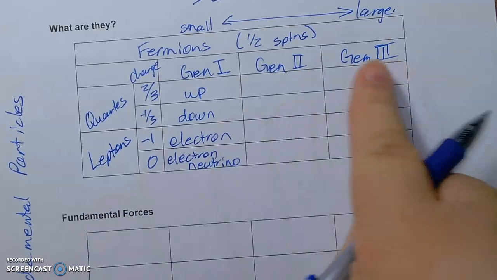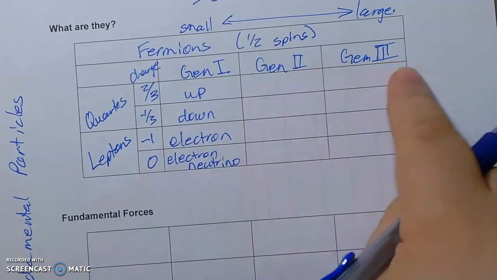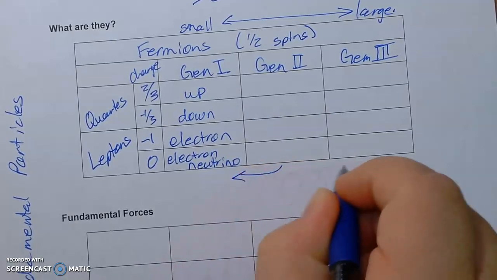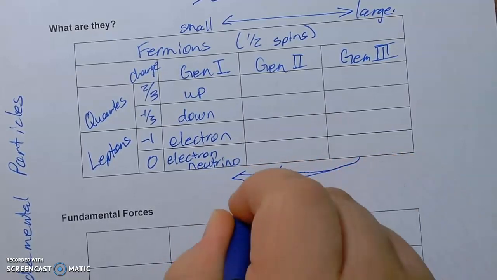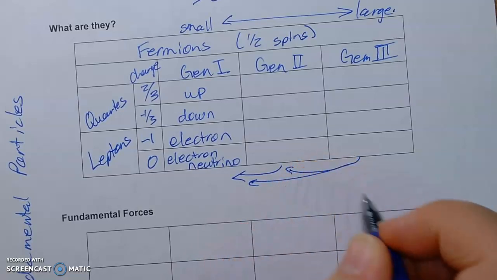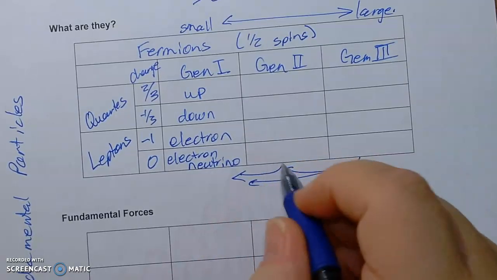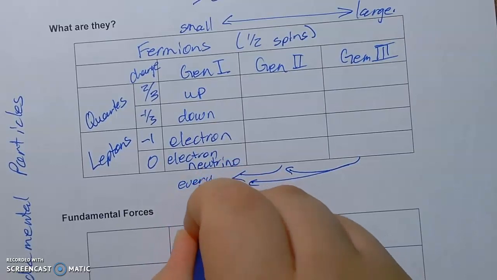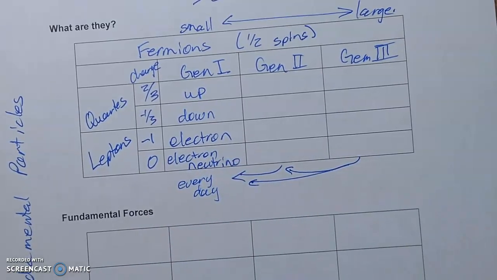Now the thing with generation 2 and 3 is that these typically do not last very long. They decay down into generation 1 very, very quickly. Once they reach generation 1, these are kind of everyday and they hang around for a while. Which is good because we like our atoms, we like our protons and neutrons and electrons to all be there all the time.